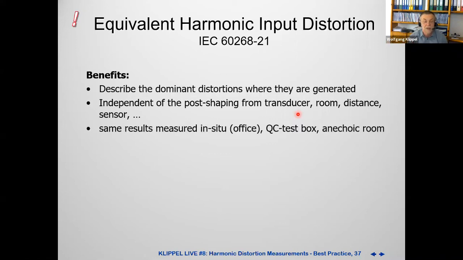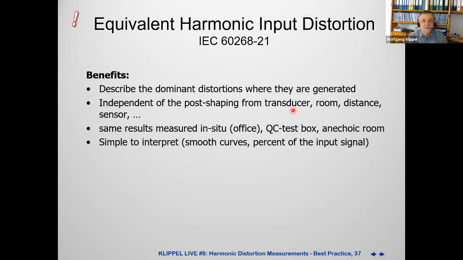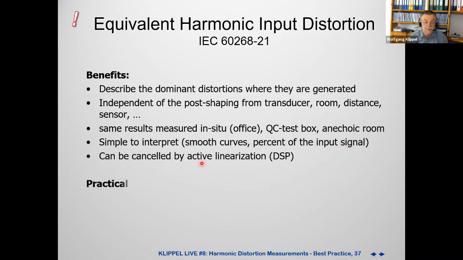It works quite nicely in a normal room, in an office, even in a QC test box. Of course, in an anechoic room, the curves become even more simple. They are smooth curves, and you can describe them as a percentage of the input voltage, if you like. And they can be canceled by DSP.